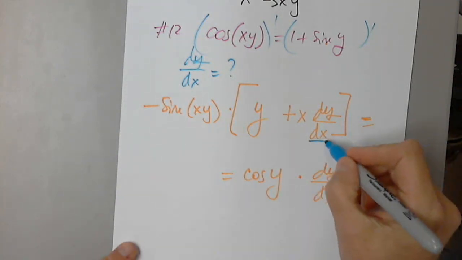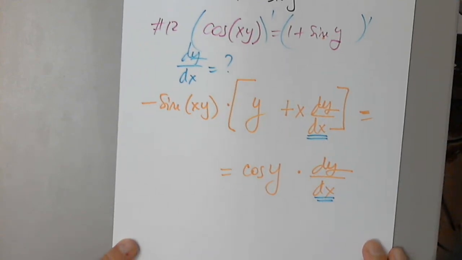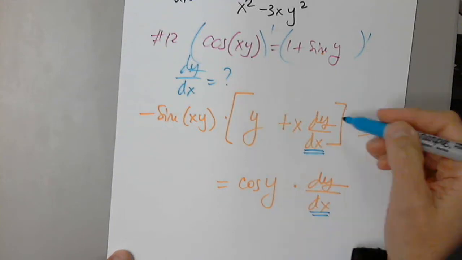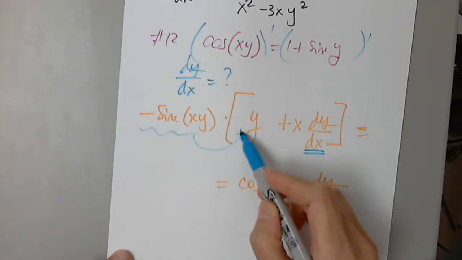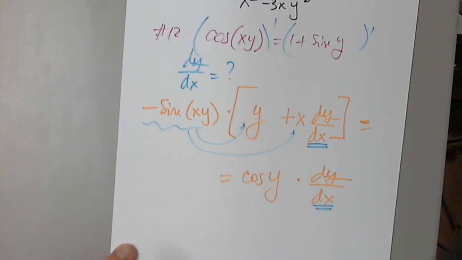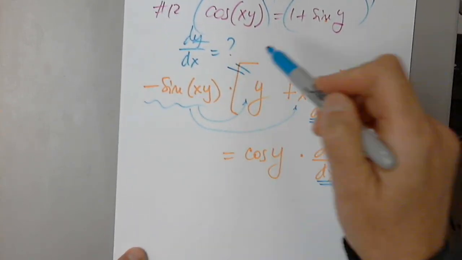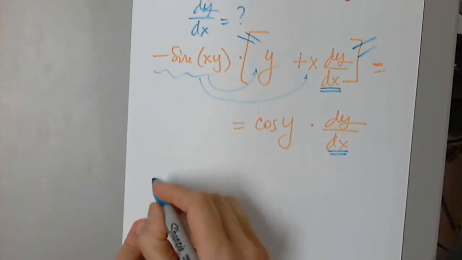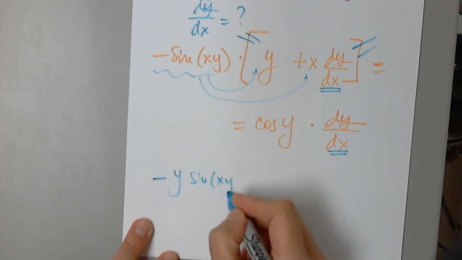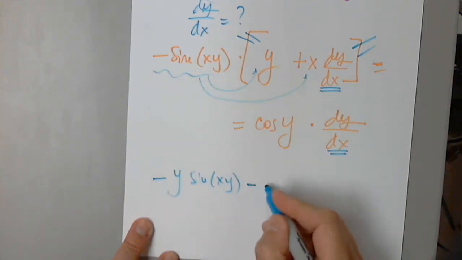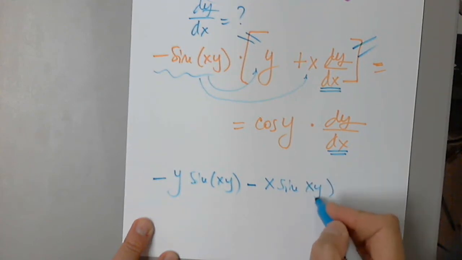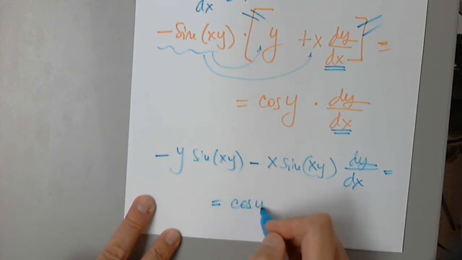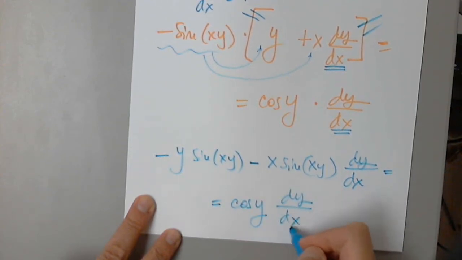Okay, let's take a look now. This is the variable we are after, but it's inside a set of parentheses or brackets. So first I have to distribute this factor here and then move terms around. I have to eliminate the brackets first. So this times this will be negative y sine xy, and this times this will be negative x sine xy dy over dx equals cosine y dy over dx.